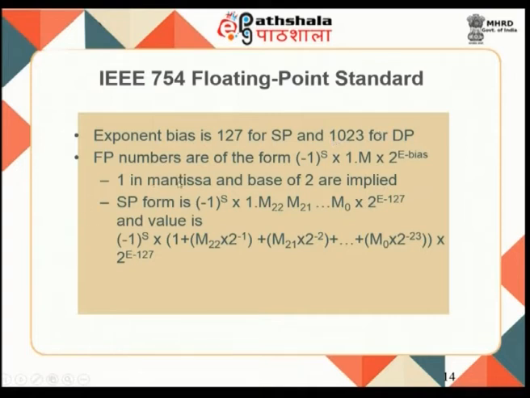So, the floating point numbers are of the form minus 1 power s into 1 point m, because it is the normalized representation, into 2 power e minus bias. 1 in the mantissa and base of 2 are implied, they do not find a place in the representation, and this is the representation for your single precision floating point number.